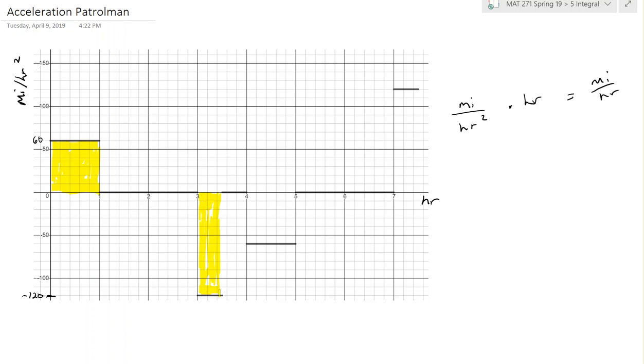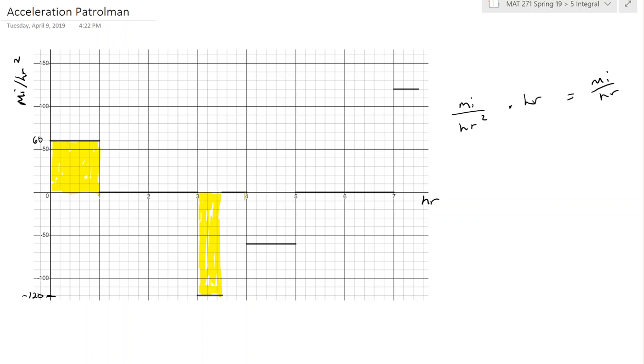Because we've gone 1/2 unit from 3 to 3.5 at a negative 120. 1/2 times negative 120 is a negative 60. So it looks like at that point, the patrolman has stopped. Maybe he's having his lunch. And then there's no acceleration, so maybe he's just sitting. And he just sits for half an hour having lunch.